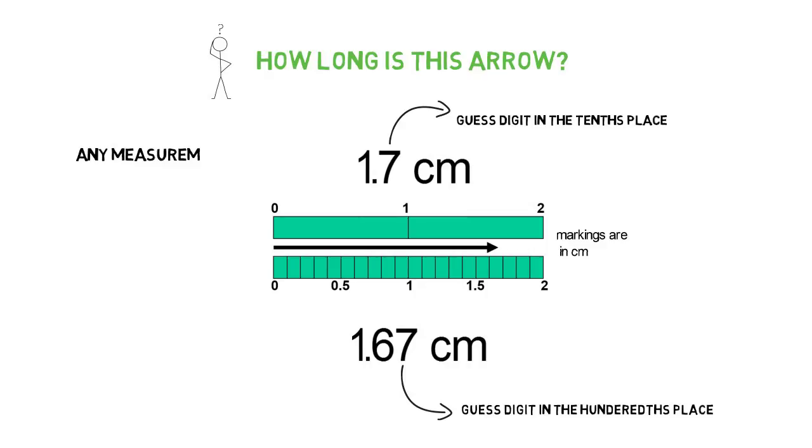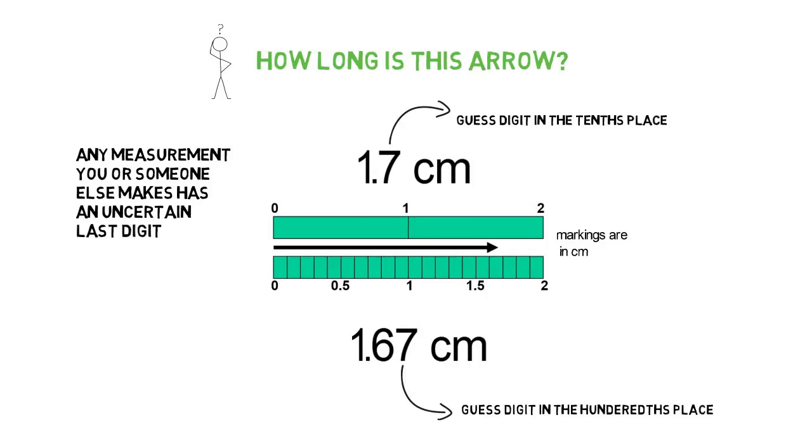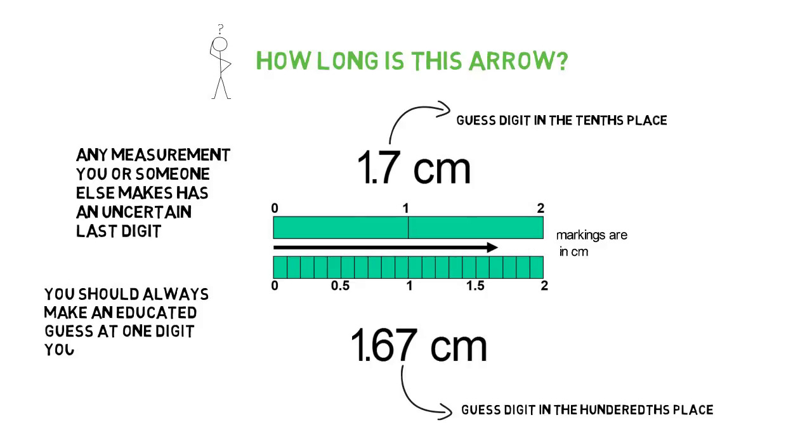Any measurement that you or someone else makes has an uncertain last digit. We call that the guess digit. You should always make an educated guess at that last digit that you don't know for sure.